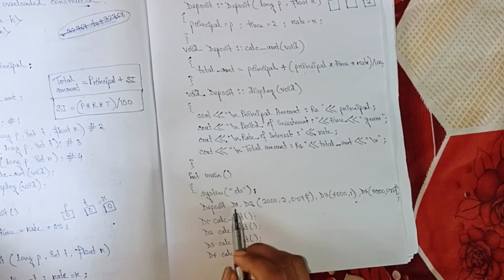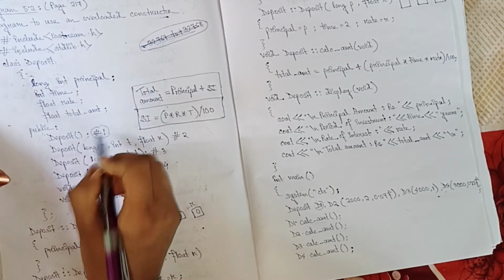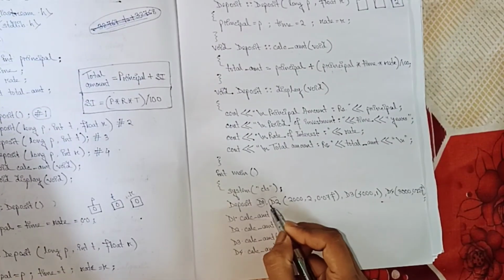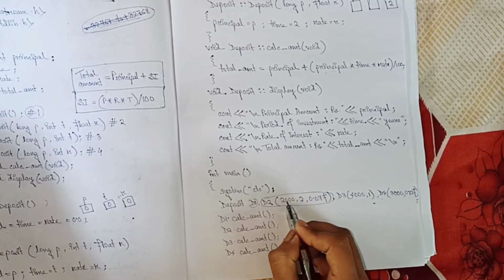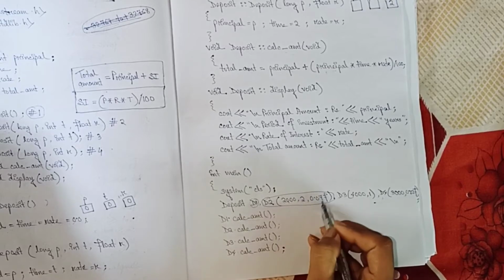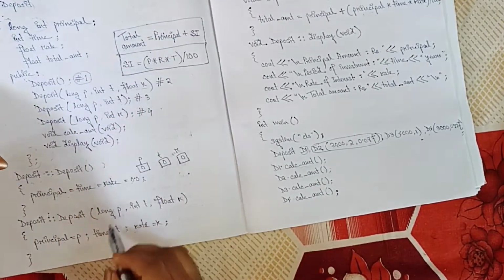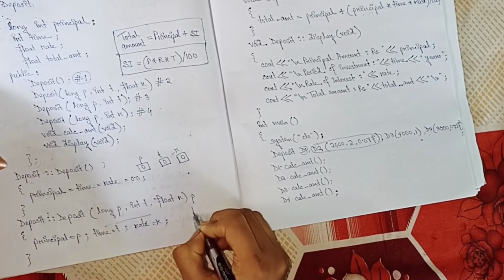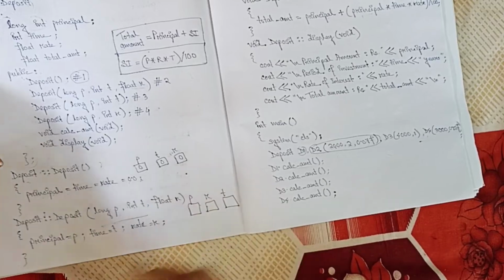All the objects will have different arguments. First, for the D1 object we are not assigning any argument. So D1 will invoke which constructor? Constructor 1. Now D2 has 3 arguments, you see 1, 2, 3. First argument int, second argument long int and float. So long int and float means it will invoke the second constructor, which has P, R and T given by the user.